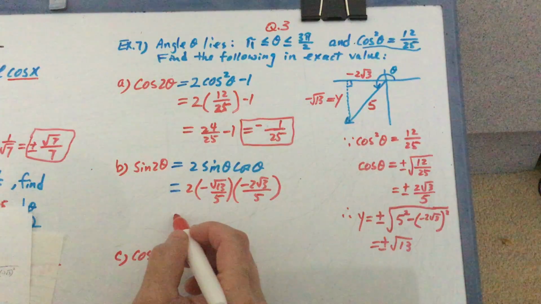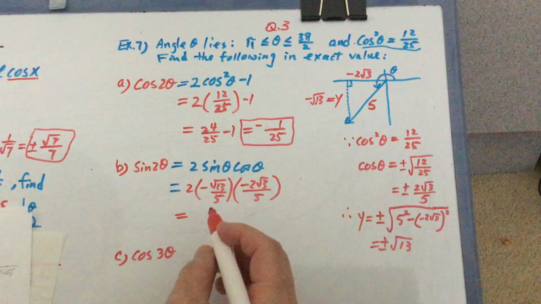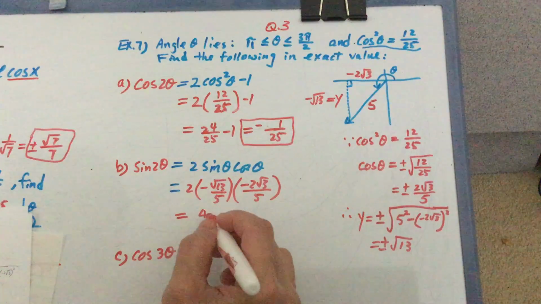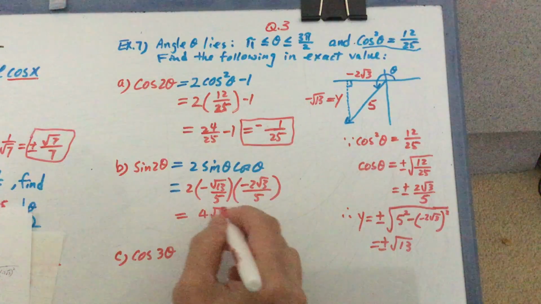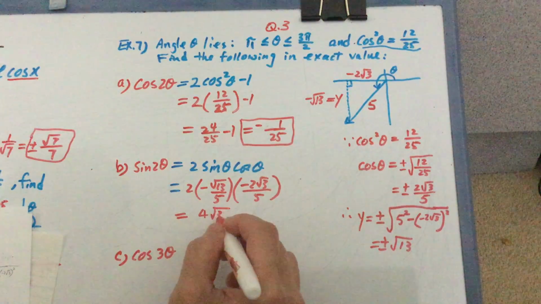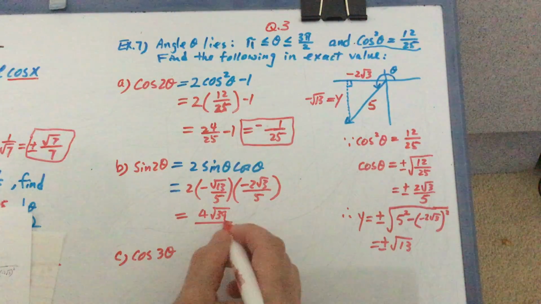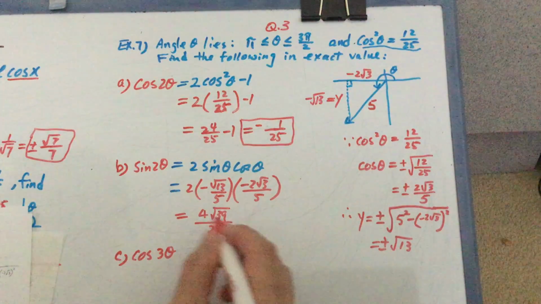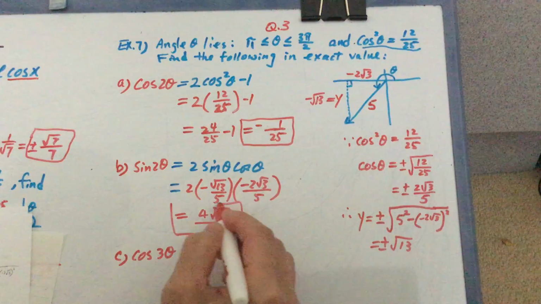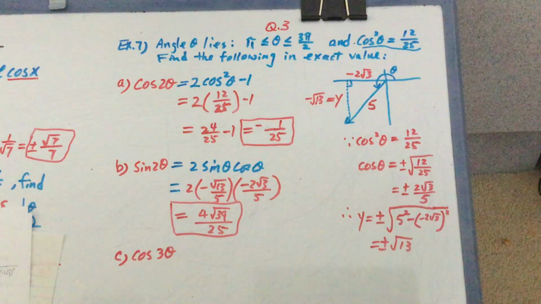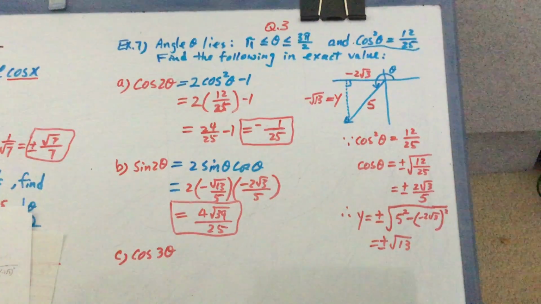When you combine everything, negative times negative becomes a positive. So you have 4 root 39 over 25. So this will be your part B.